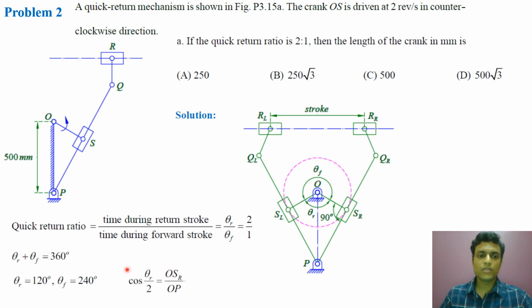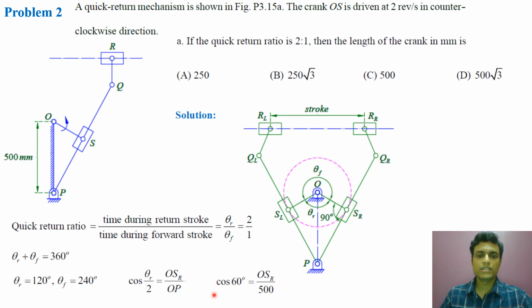Now what is cos theta R by 2? Theta R by 2 is the angle POSR. So cos theta R by 2 is OSR by OP. OP is 500 and theta R by 2 is 120 by 2, that is cos 60 degrees.